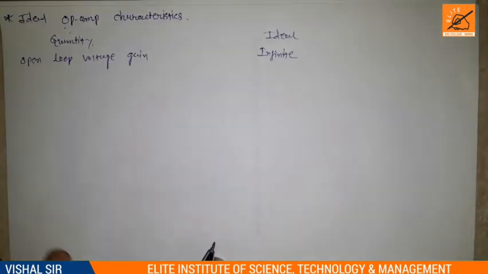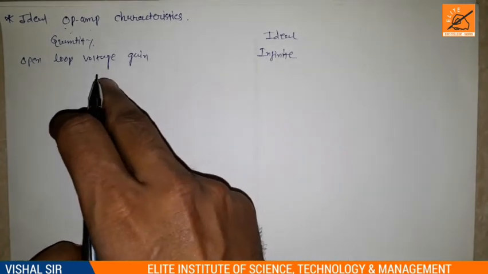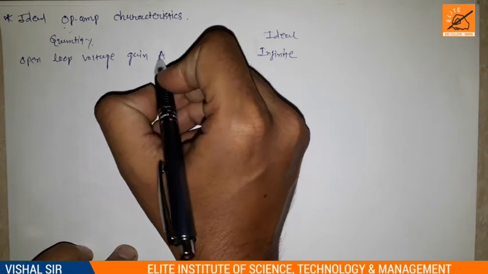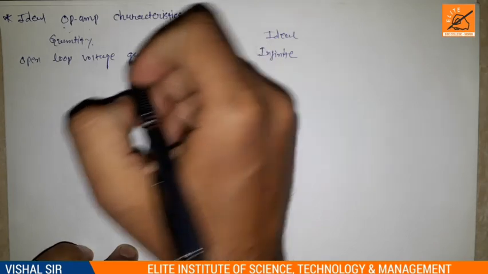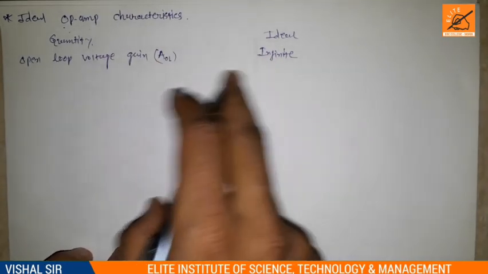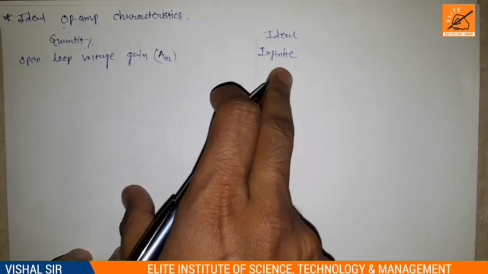We have already seen in a differential amplifier that voltage gain is denoted by A, but it is open loop, therefore we denote it AOL. So for an ideal op amp, the open loop voltage gain value will be infinite.